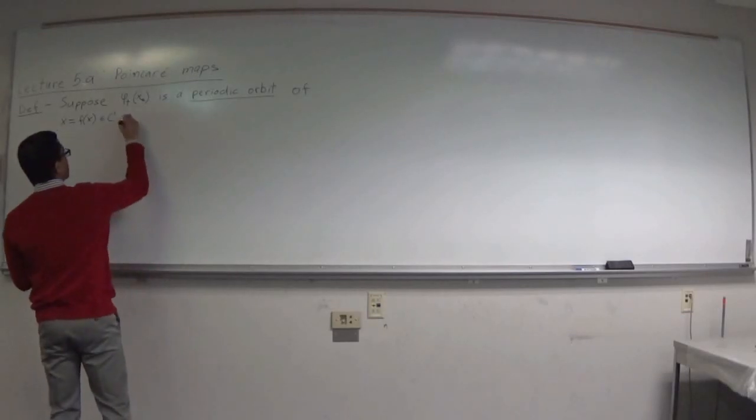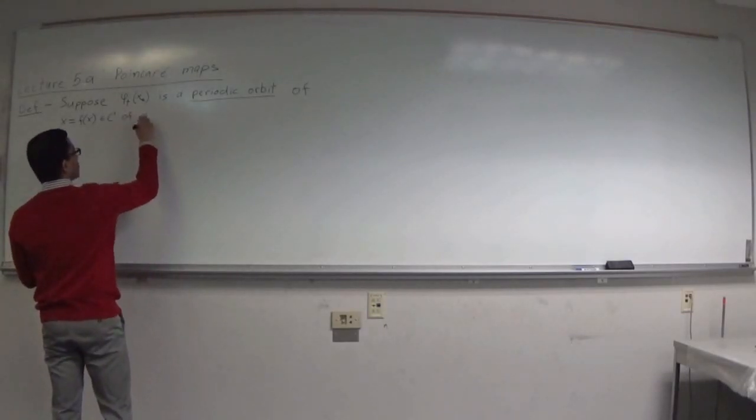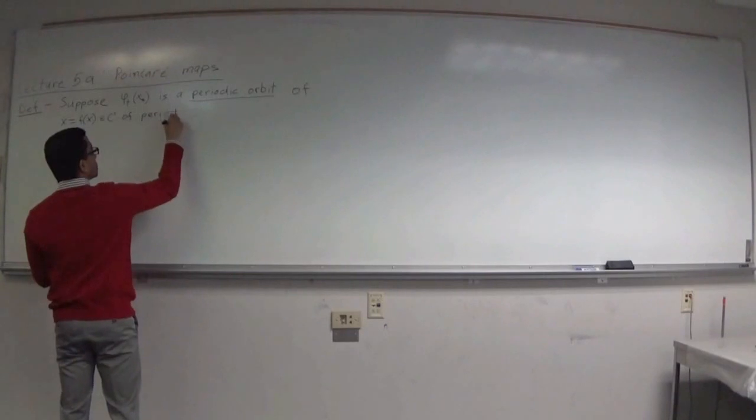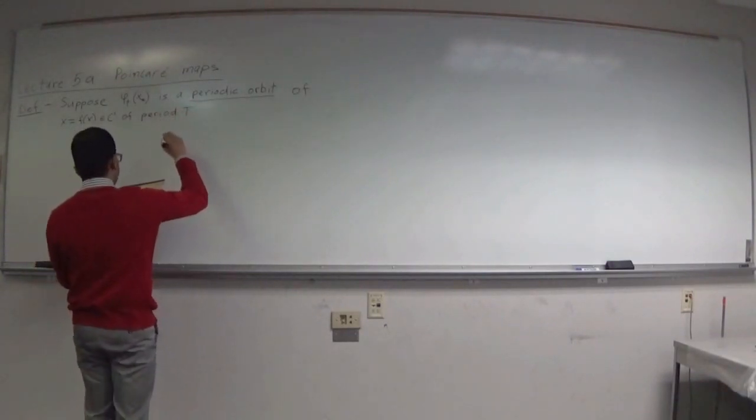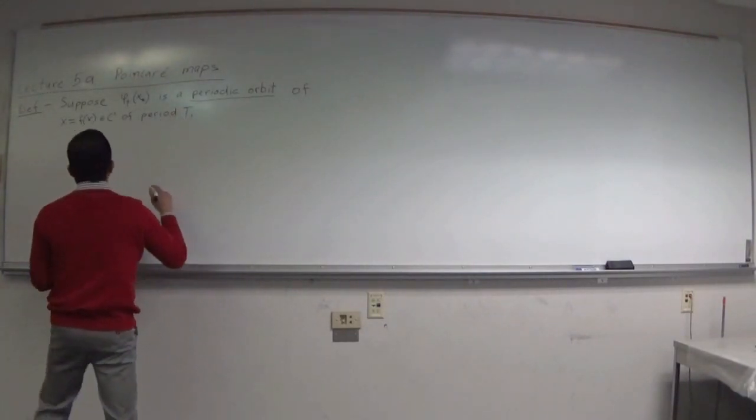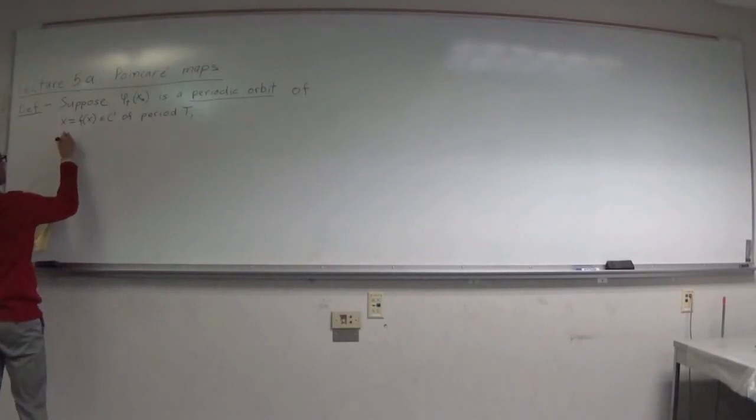Of period T. We're going to denote the period of this periodic orbit as T. Then formally, in set notation, we can write it like this.